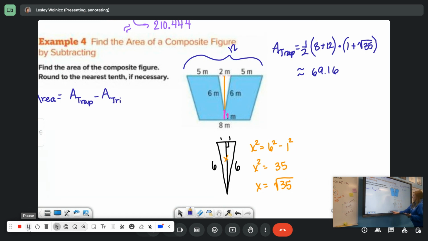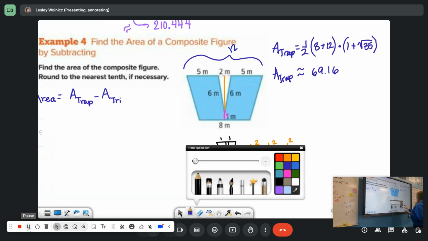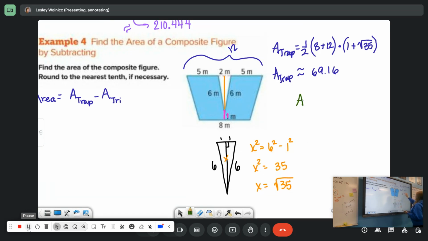Now I need the area of my triangle. This should be easier because we already know the height of the triangle. So the area of the triangle is 1/2 times our base times our height. The base of the triangle was 2 and the height of the triangle was root 35.